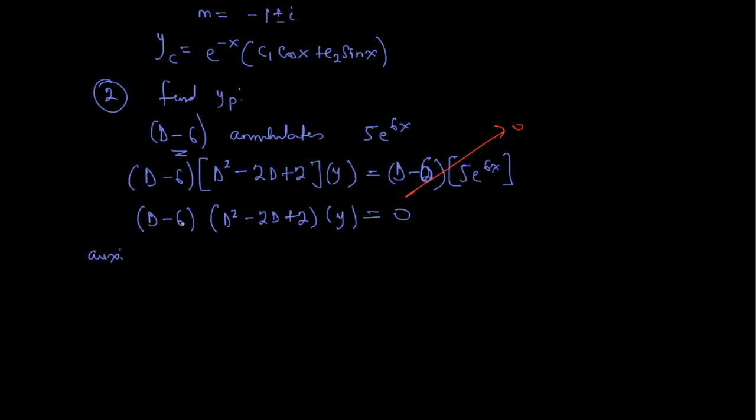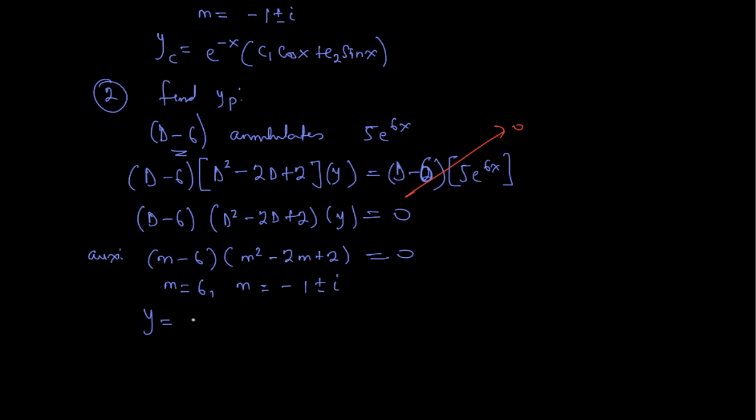Wherever you find your D, replace with m. You have m minus 6 into m squared minus 2m plus 2 equals 0. And then when we solve this, we have either m equals 6 or m equals minus 1 plus or minus i.